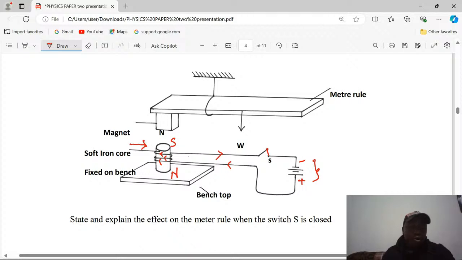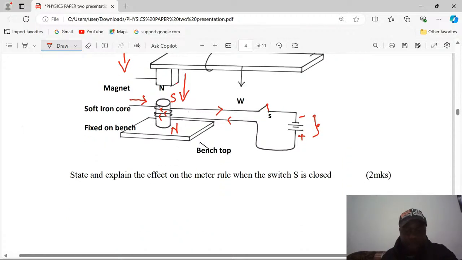Because on the upper side current is flowing in the clockwise direction, according to the clock rule that is going to be a south pole. With a south pole there, we shall have this north attracted. So we shall have an attraction, which means the meter rule is no longer going to be at equilibrium. It shall be tilted and will rotate in an anti-clockwise direction.